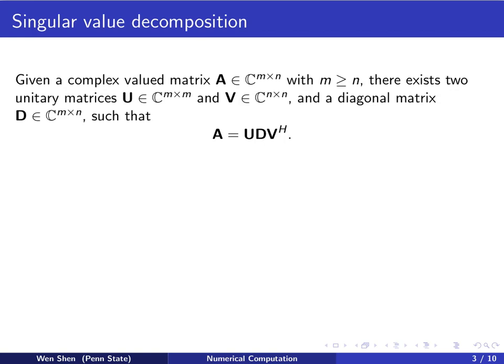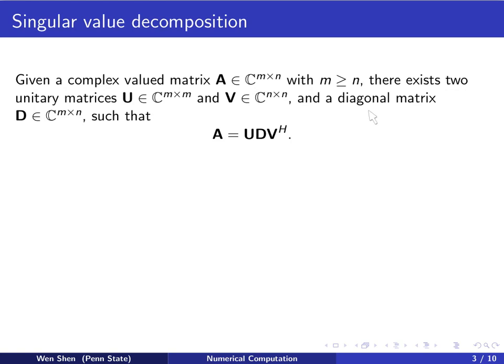Here is the singular value decomposition statement. Given a complex valued matrix A with m bigger than n, there exist two unitary matrices, U and V. U is a square one with size m times m, and V has size n times n.